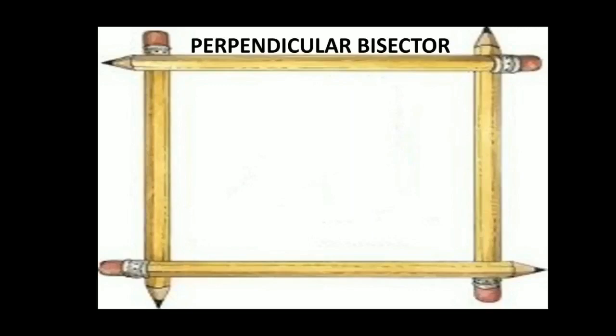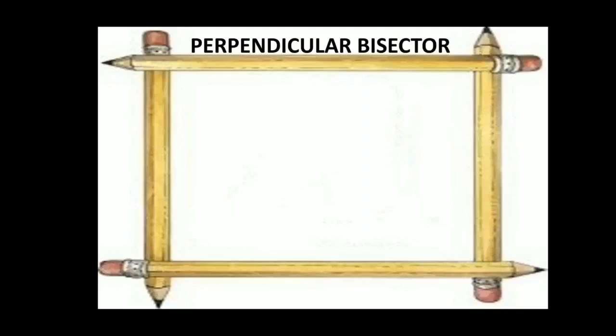Okay, so before going to the drawing, first I want you to understand what is the meaning of it. So first tell me, what is the meaning of bisector? You have already learned the term bisector. Just recollect in which chapter you have used this word. Do you remember? Just think. Yes, you remember?